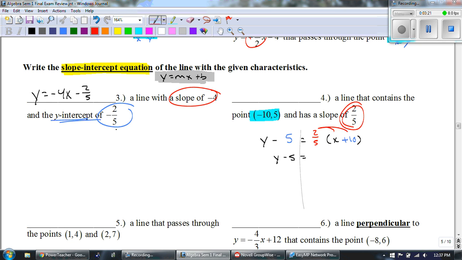We have to distribute to both. 2/5 x. 2 times 10 is 20. 20 divided by 5 is 4. And then I add 5 to both sides. So we get y equals 2/5 x plus 9.